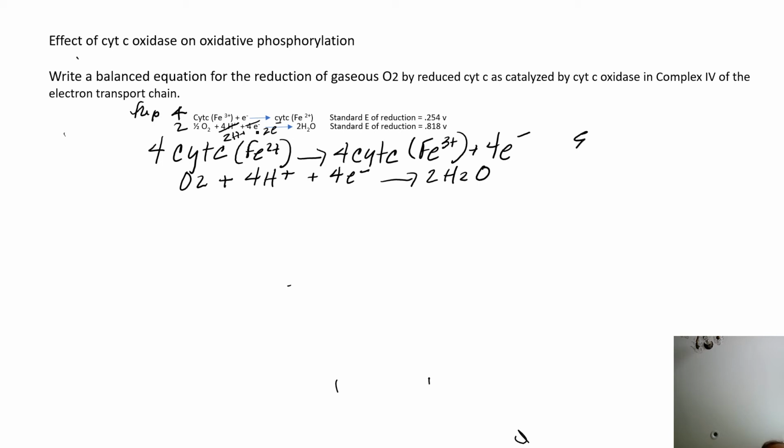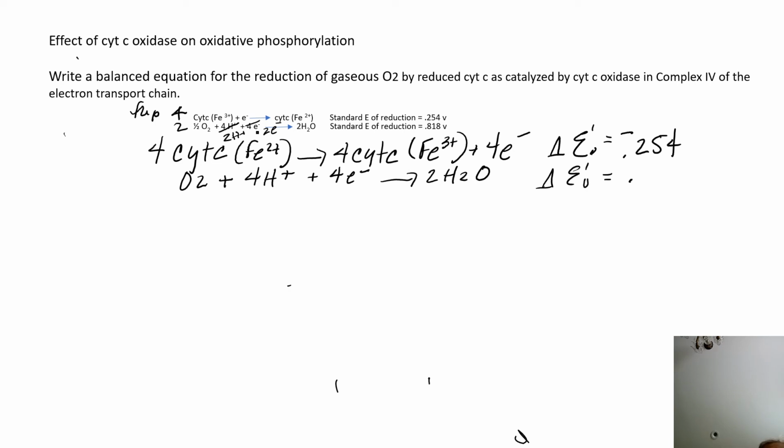And the delta E's associated with these are negative 0.258. We flip that, so we have to change the sign of that standard reduction potential.